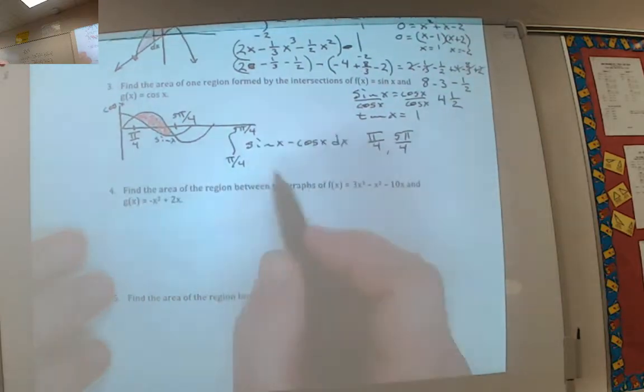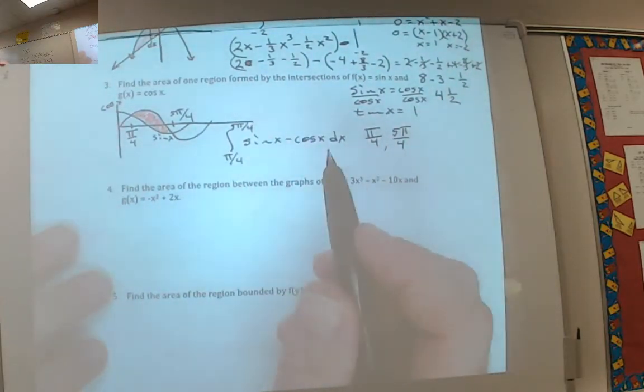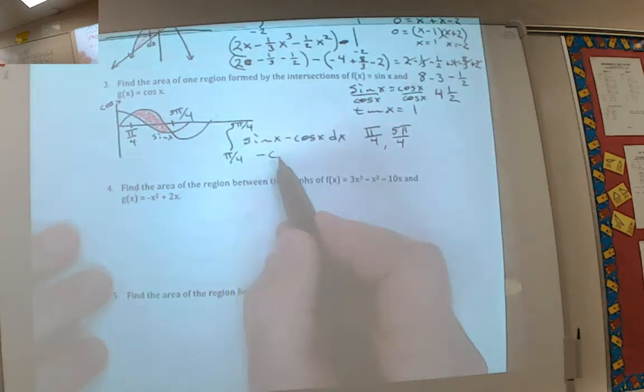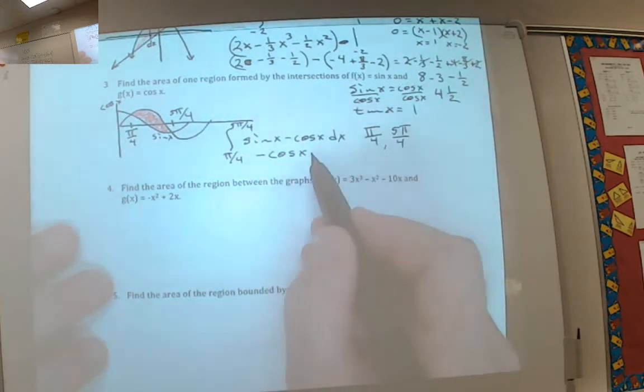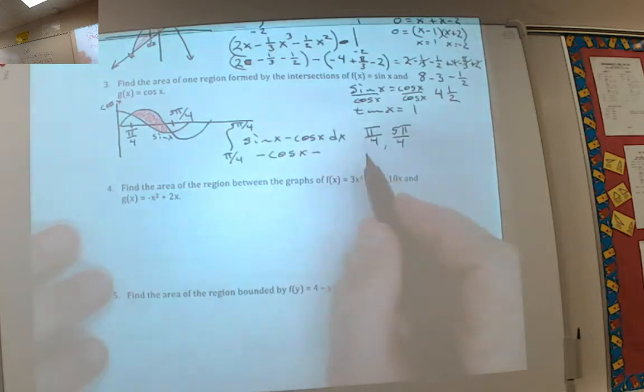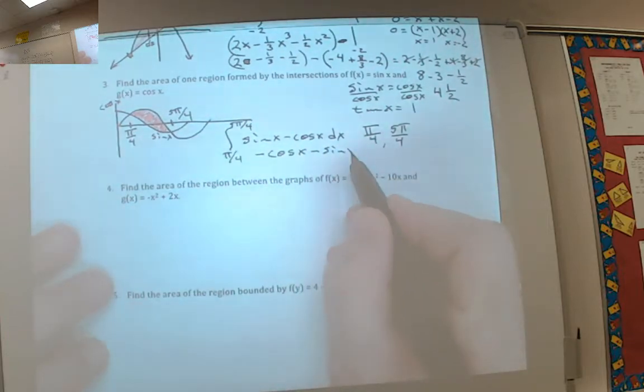Are you tired? I was just going to give you a break, but if you're not tired, okay. What's the antiderivative of sine? That'd be negative cosine. You're doing really good. Negative cosine minus, what's the antiderivative of cosine? Sine. And from pi over 4 to 5 pi over 4.